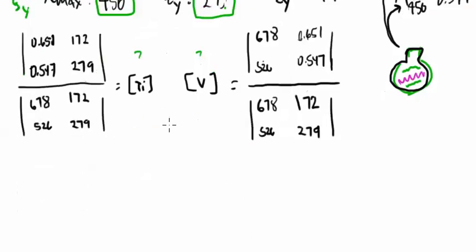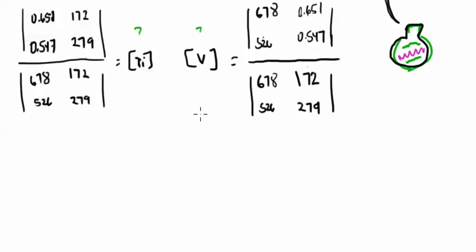Okay, now we can go ahead and solve both of these matrices. The way that we do that is we take a look at the matrix up at the top and up at the bottom, and we calculate what we call the determinant. The way that we do that is we cross multiply. So I'll take 0.651 and multiply it by 0.279.